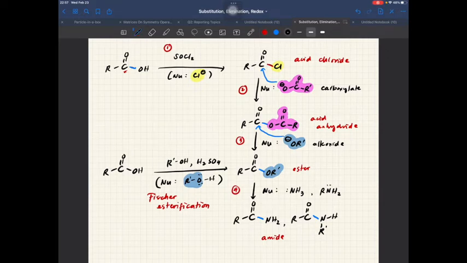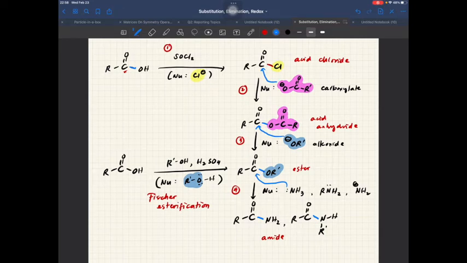Or we could have an NH2 minus nucleophile, so we could have this strong nucleophile as well. These nucleophiles will attach themselves here, and finally, the alkoxide leaving group from the ester will be replaced by the nucleophile, forming the amide functional group.